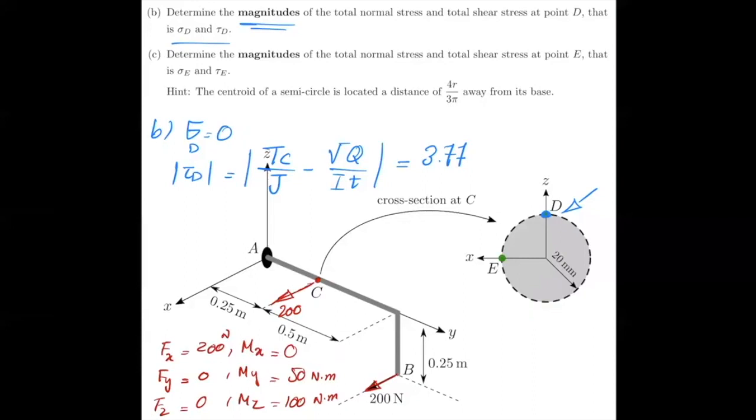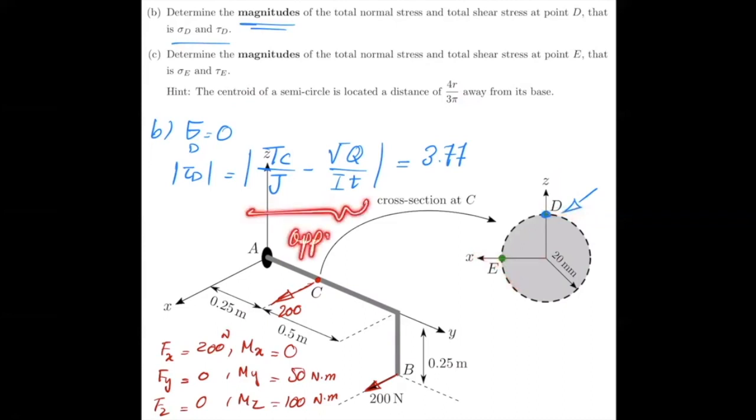So basically, if you are looking at this cross section, assuming that you're cutting it like this, that moment is something like that, okay? So basically, it would result in a shear stress that would be in the opposite direction of the shear stress that you would get from your VQ over It. That's why they have opposite directions, and that's why we subtract them.